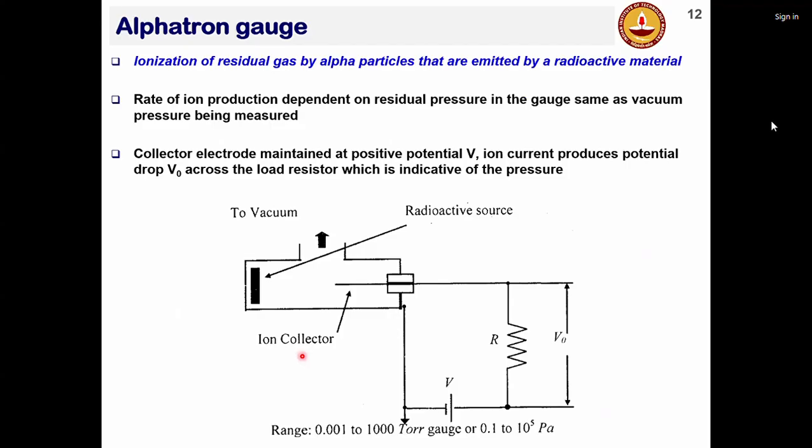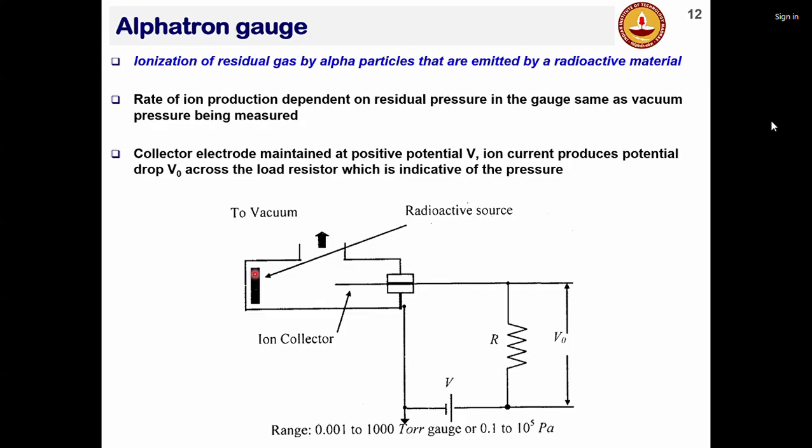Apart from that, you have the alphatron gauge. This is another vacuum gauge. Unlike the ionization gauge, in the alphatron gauge the ionization is done by alpha particles, which are released by a radioactive source.